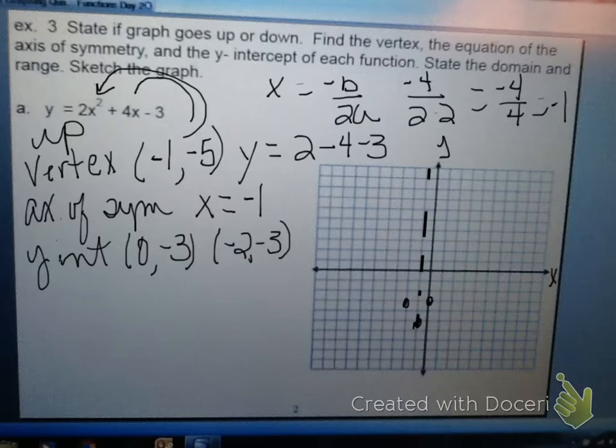Now we need some extra points. So we know that our parabola is going to be looking something like this. So it's going to be to the left of this point or to the right of that point. What is to the left? Let me erase this, sorry.